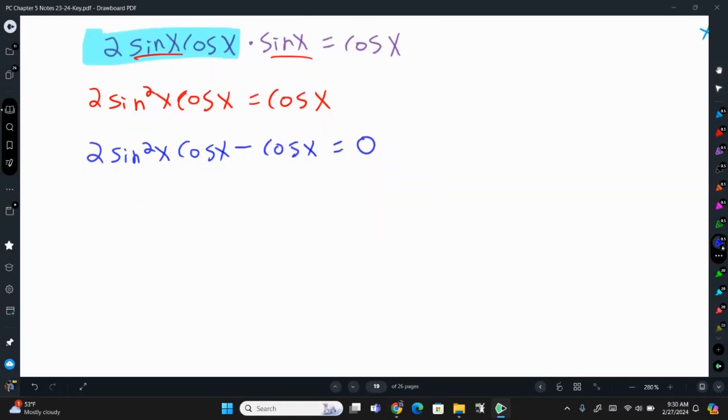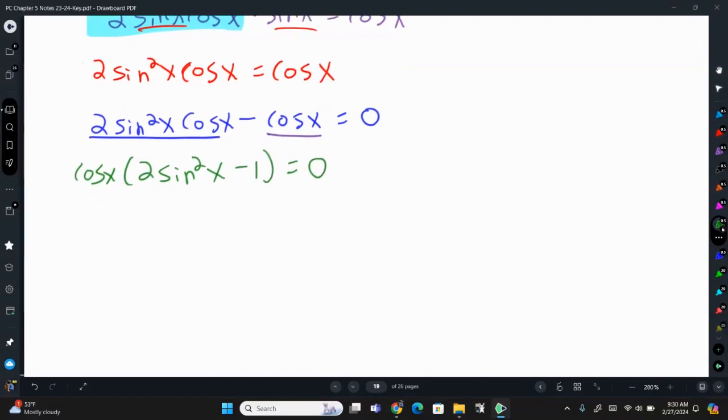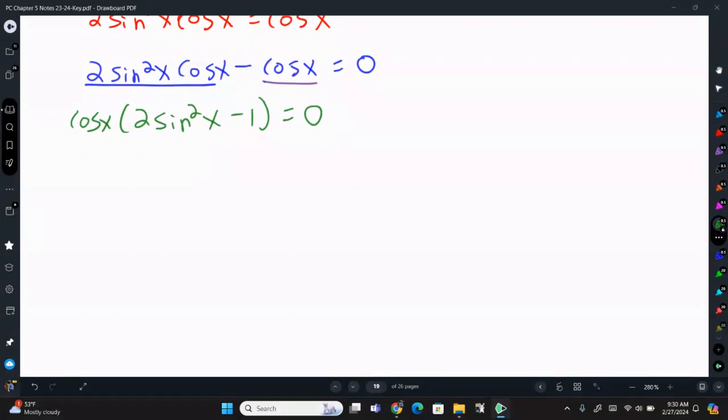Now we have two terms here, this term and this term, that we can factor a cosine out of. So cosine x times 2 sine squared x minus 1 equals 0. So now I have two things being multiplied that equals 0.